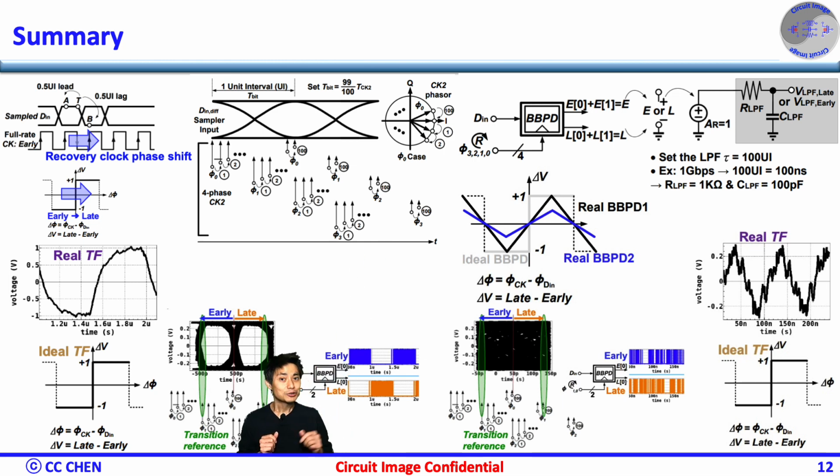Then the phase shifting in the time domain will shift back to the same eye location after 100 times phase shifts, or the phase rotation in the phasor diagram is back to the 0 degree phase after 100 times phase rotations regarding the phase of the input data. Then the early/late signal shows clear regions while the output clock is earlier or later than the input data.